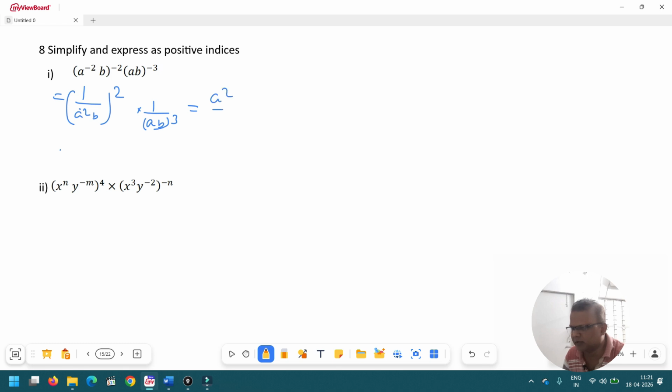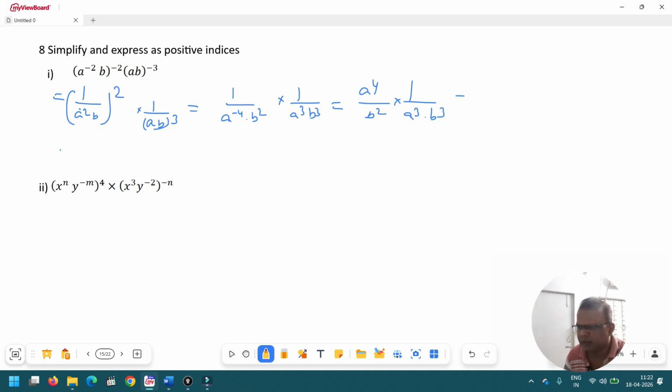That is a square बटे a4, 1 बटे a का पावर -4 into b square into 1 by a cube b cube equal to a का पावर 4 बटे b square into 1 by a का पावर cube into b cube is equal to a का पावर b5. That is the answer.